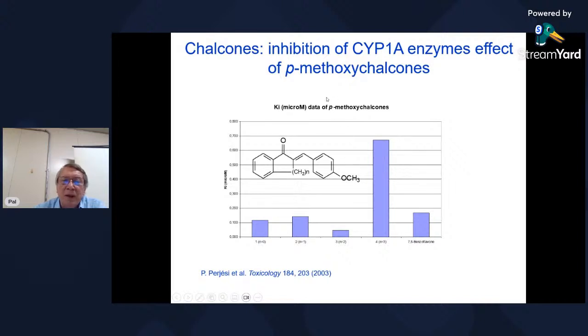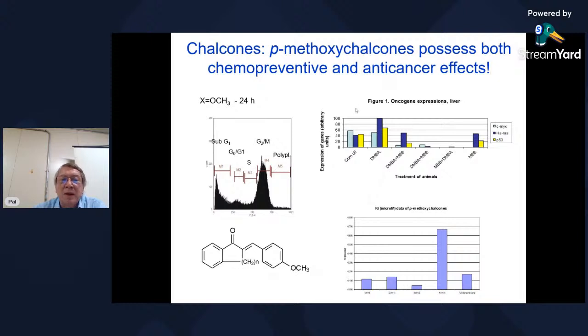So, this data showed the cytochrome P450 compounds to be very effective chemopreventive agents.